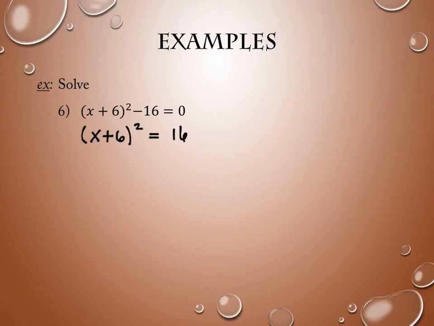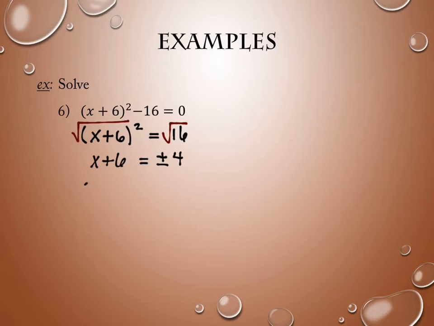And then how would I work to get the solution from here? Right, we've seen this happen before. We can take the square root of both sides. And that leaves me with x plus 6 on the left. Now when we put a square root into the problem, what goes along with it? Plus or minus, good. And what is the square root of 16? It's 4.